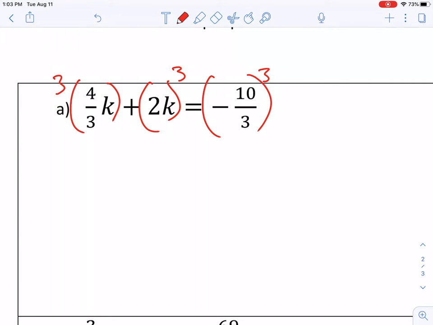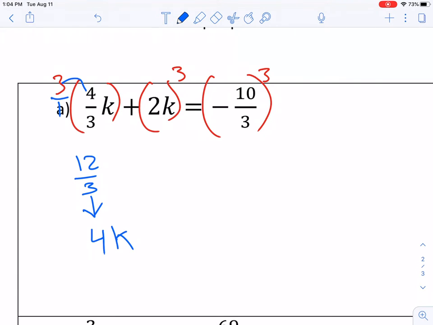Looking at this, I'm going to show you on the first one how to multiply and then divide. So this is technically 3 over 1. So in blue here, 3 times 4 is 12. And it's still sitting over this divided by 3, over 3. And then if I reduce that, 12 divided by 3 is 4. So I get 4k.